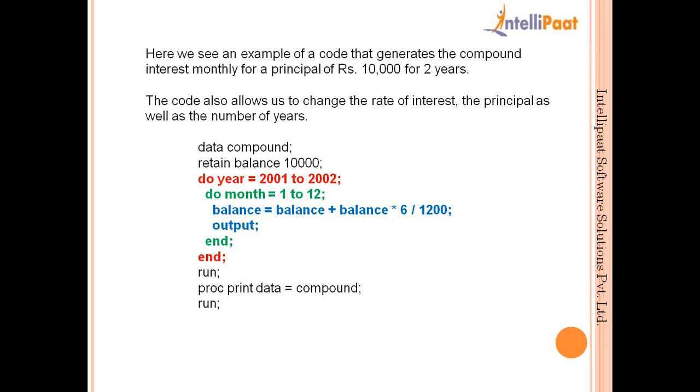I'll talk about retain later. Before that, let's talk about this do year 2011 to 2012. That is the range of years. 2011 would be the start and 2012 would be the stop, the lower bound and the upper bound.